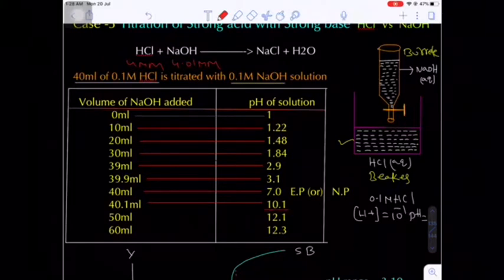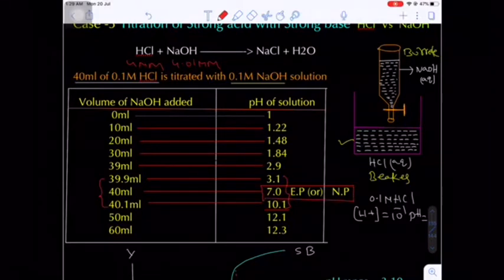Are you getting my point? That means NaOH is present in excess quantity, so the pH of the solution will be greater than 7. Here the value will be 10.1. If you see, from 39.9 to 40.1 ml, the pH value suddenly increases by how many units?